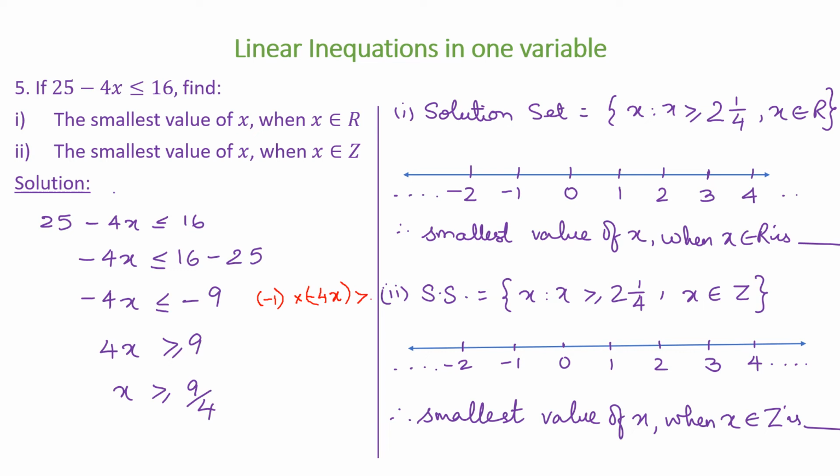That is, less than or equal to will become greater than or equal to, and this is minus 9 into minus 1. So this will become plus 4x is greater than or equal to plus 9, that is x is greater than or equal to 9 by 4.